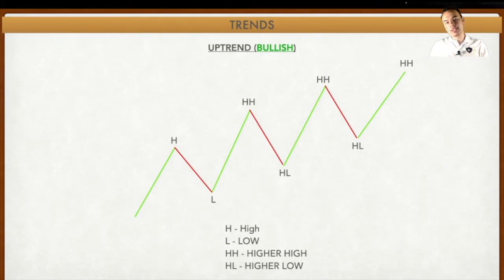Then price will retrace again and form a higher low, because that current low is higher than the previous low. Then price will push up, forming a new higher high, because that high is higher than the previous high. Retrace again, higher low, because that low is higher than the previous low. And that's how an uptrend forms: constantly making higher highs and higher lows.